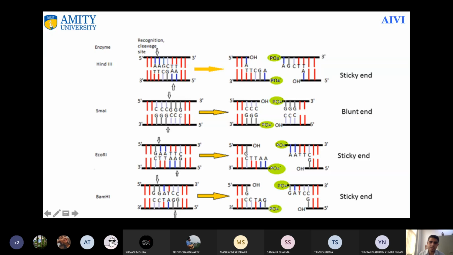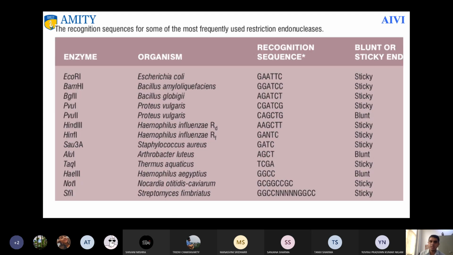EcoRI produces a symmetric cut between the G and A, G and A, so symmetrically it gives a sticky end. BamHI we already studied in the previous one. It is also going to produce a symmetric cut, GGATCC, and we are going to have an overhang of GATC.